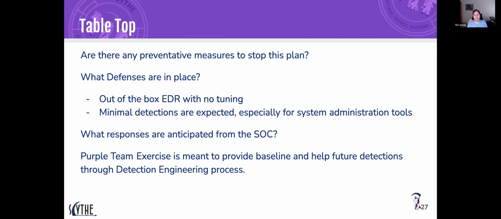But they also had an EDR sending alerts to their SIEM, which is great, except the EDR was collecting all this additional information that wasn't getting sent to the SIEM, so they weren't able to find information. We asked them, hey, let's go into the EDR and start looking through the data here. It turned out there was a lot of information they had no idea the EDR was collecting, which allowed them to have better hunts within the EDR's interface.